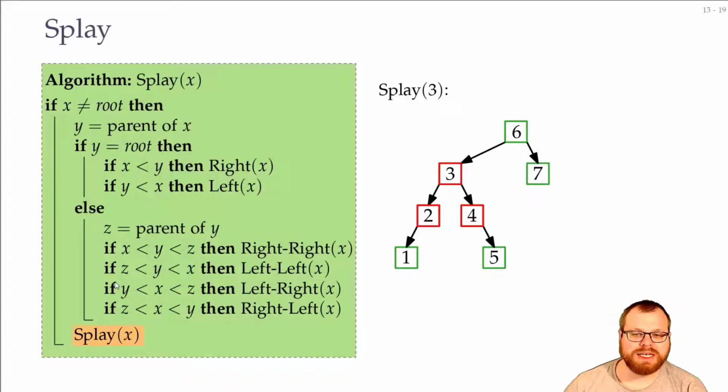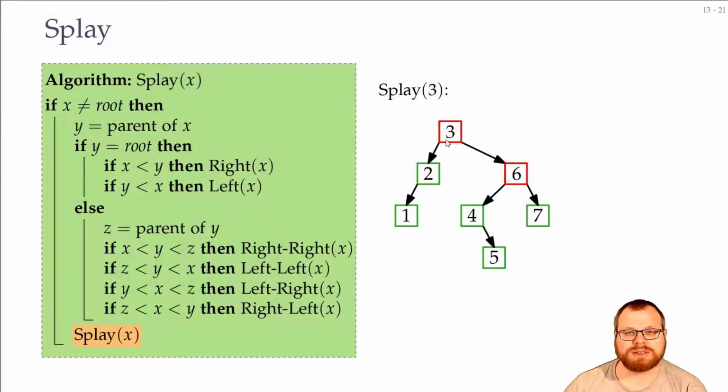Then we call splay again. And now the parent of x is the root, so we only do a single rotation, and x smaller y, so it's a right rotation, and we get this tree. We recursively call it again, but now we see x is the root, so we are done.